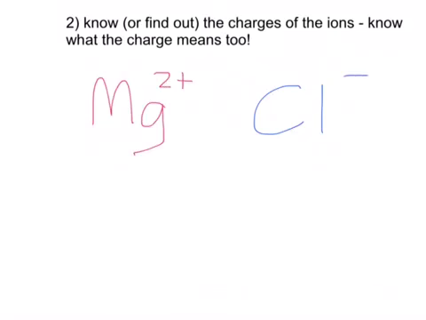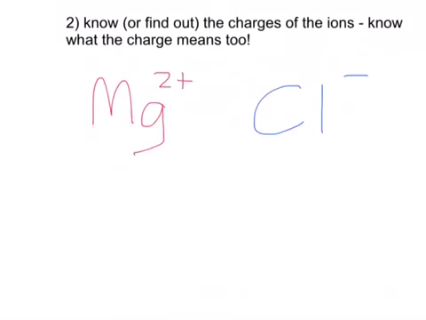Chloride is a 1- ion. We don't actually have to write that 1 down. And chlorine has 1 electron missing in the outer valence shell, so it has 7 electrons instead of the full 8. Not very stable, and so it prefers to gain 1 electron, and therefore it will have an overall 1 negative charge.